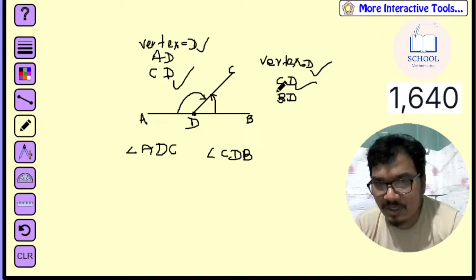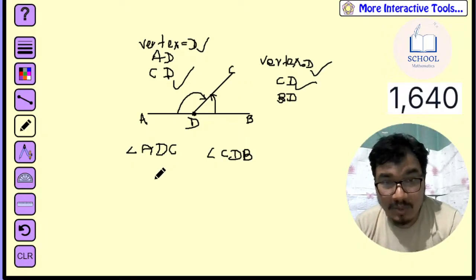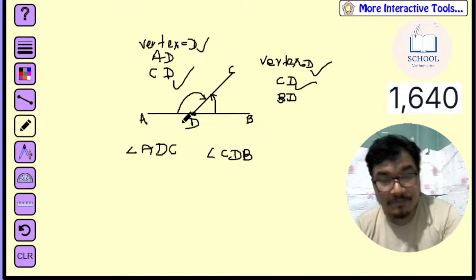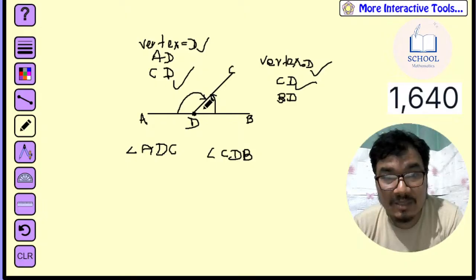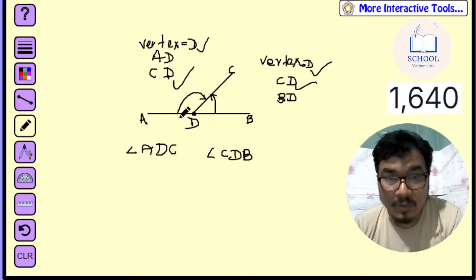One more thing, these angles should form on either side of this common arm. Look, this angle is formed on the right side and this angle is formed on the left side. That means they should form on either side of the common arm.